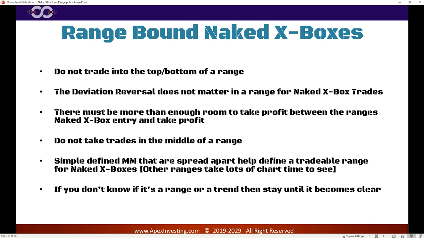The DR, the deviation reversal color, does not matter in a range for X box trades. Does that make sense? We're only looking to go in the direction of the DR in a trending market. The DR color does not matter when we're trading in a range.